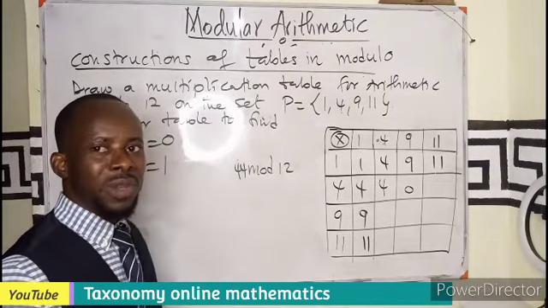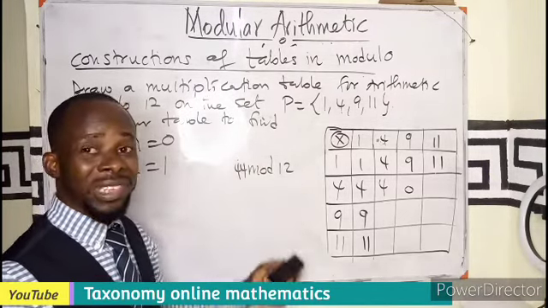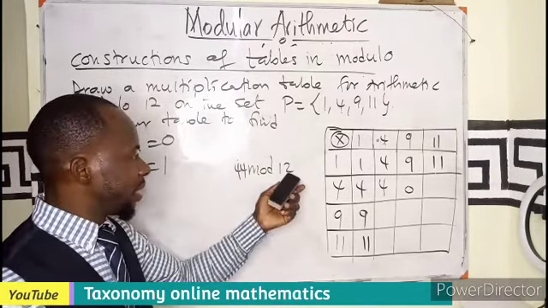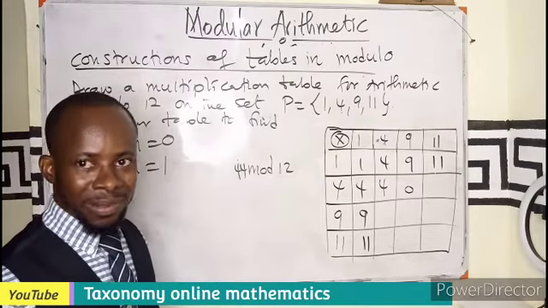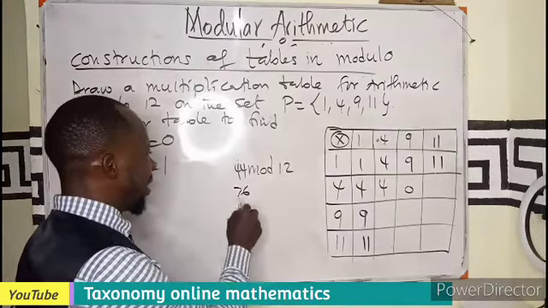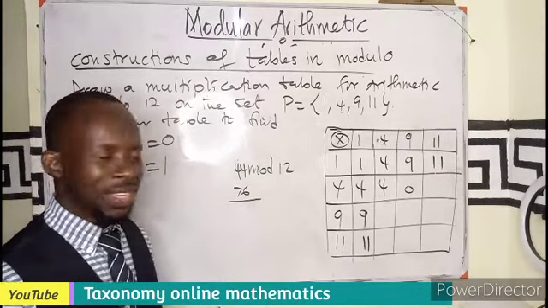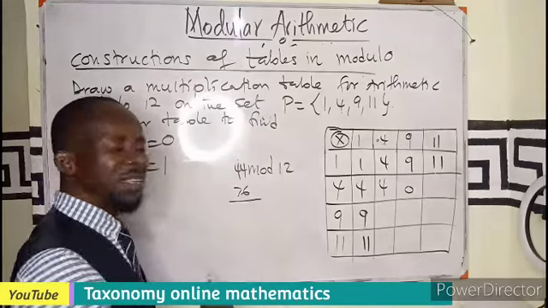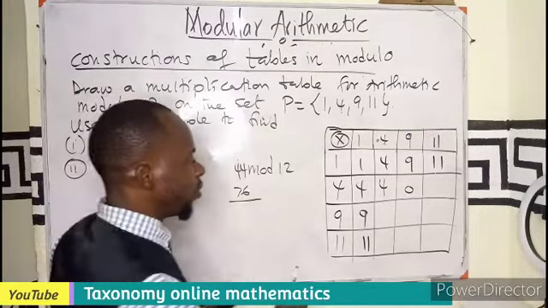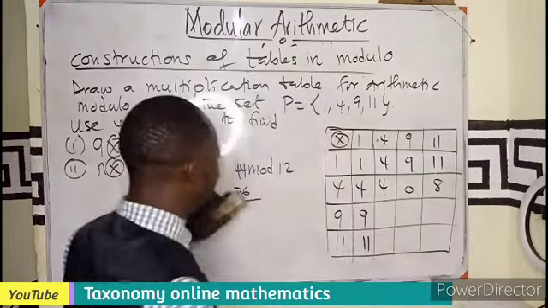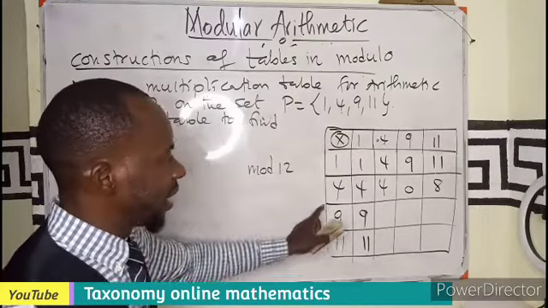We know 4 times 12 is 48, 3 times 12 is 36. So if you take away 36 from 44, we are left with 8. So this place is going to be 8. So I am done with the first row.